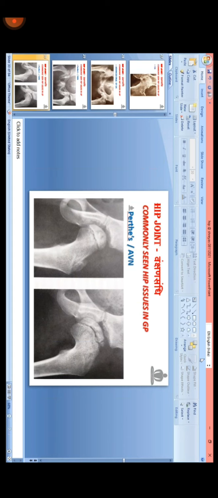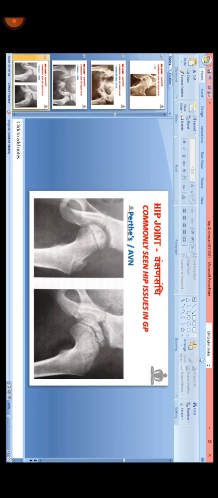Yesterday and day before yesterday we have seen different disorders, sports injuries, and commonly seen arthritis or mechanical deformities related to hip joint.